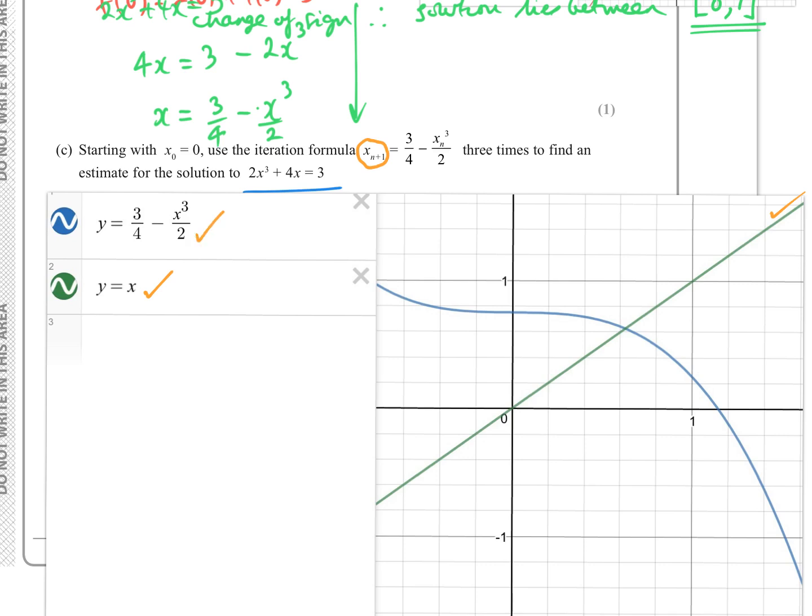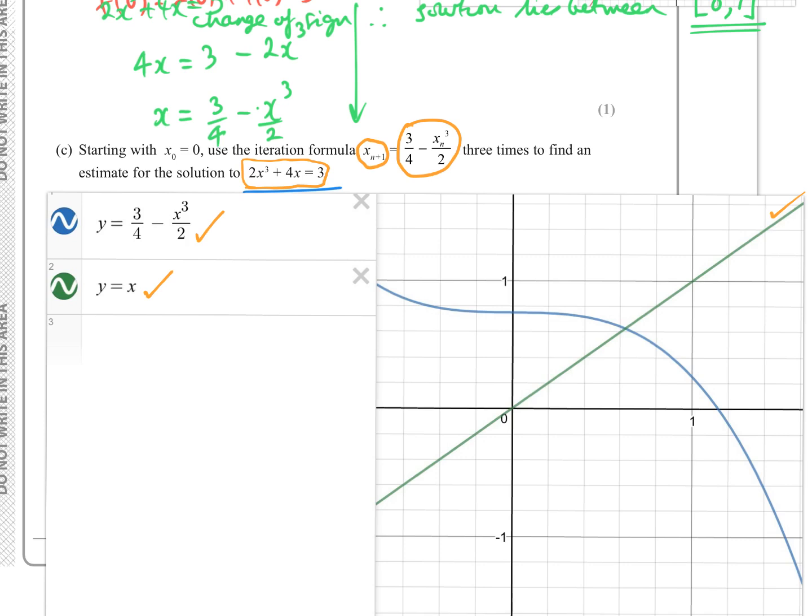And then there's the other function here. Now we could have rearranged 2x cubed plus 4x equals 3 into many different ways with x on one side. There's not just one way. But as there's 3 solutions to this cubic, there's probably multiple ways of getting those different solutions. So this will get you one of those solutions, not all the others.